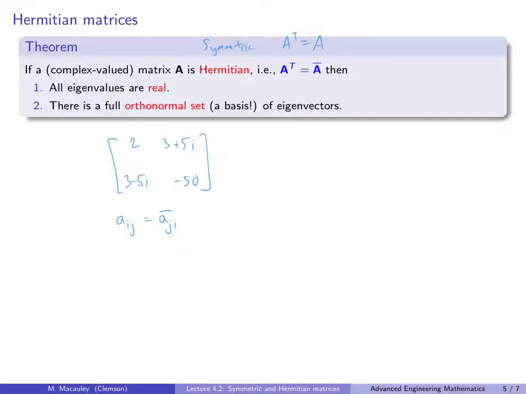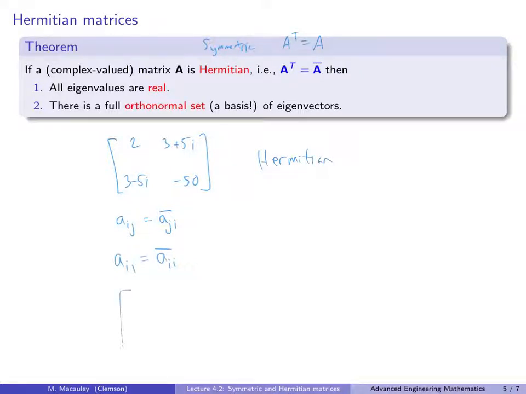And notice that a corollary of this is that the elements in the diagonal have to be real valued, because this says that a_ii equals a_ii transpose (conjugate), and that can only be the case if a_ii is real. So this is an example of a Hermitian matrix, though it's not symmetric.